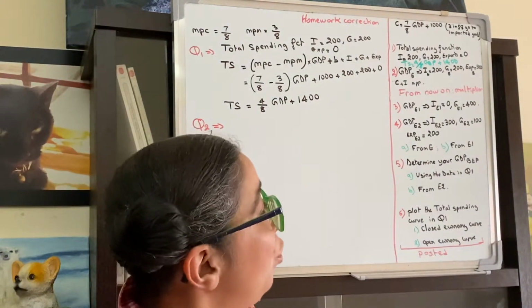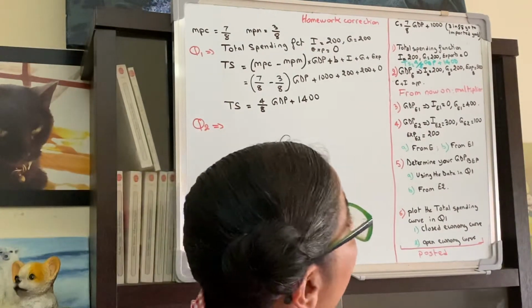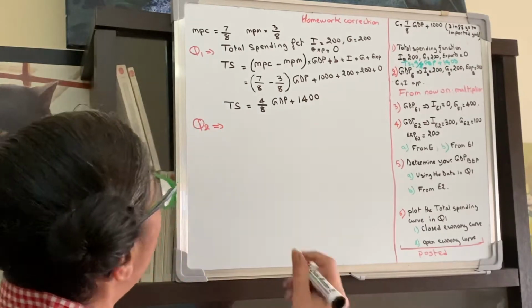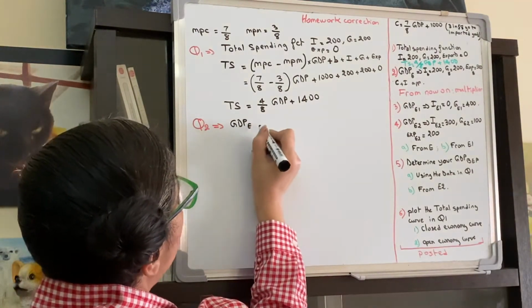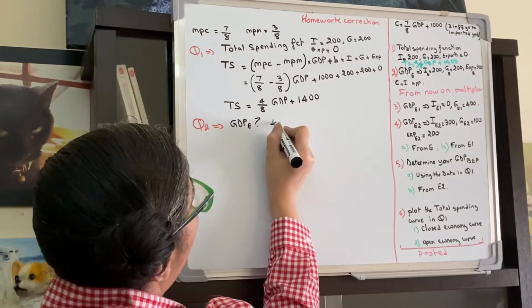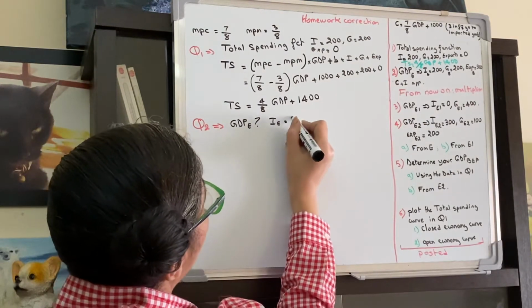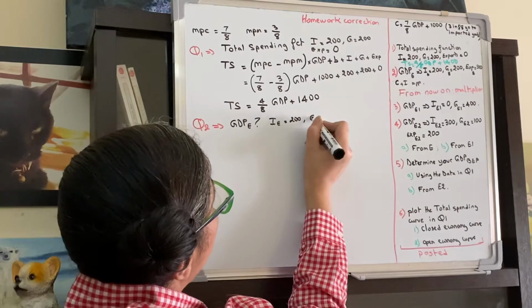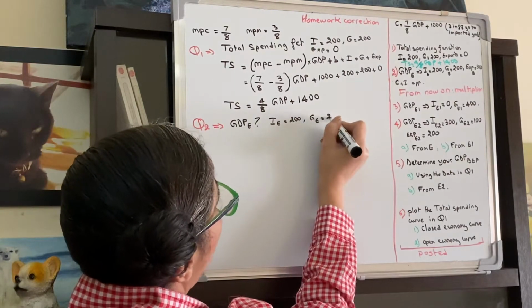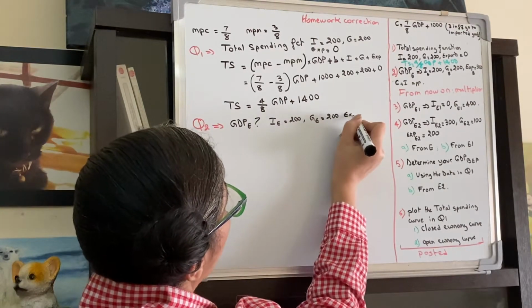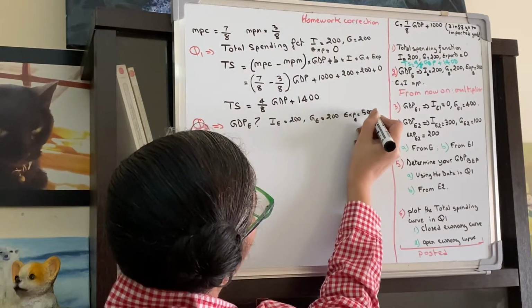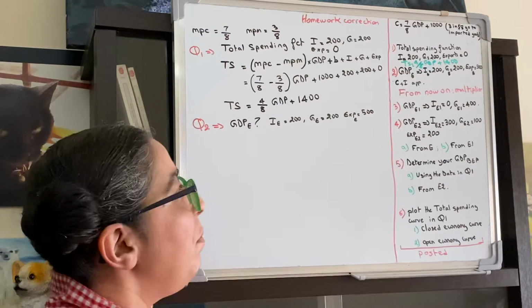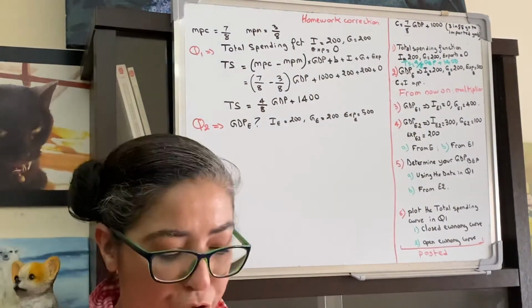Okay, now GDP at E, at equilibrium, when investment is equal to 200, G, government spending, is equal to 200 and exports 500. So I'm looking for GDP at E. IE is equal to 200. GE is equal to 200. And exports at E are equal to 500. And they're asking me for the C plus I approach.